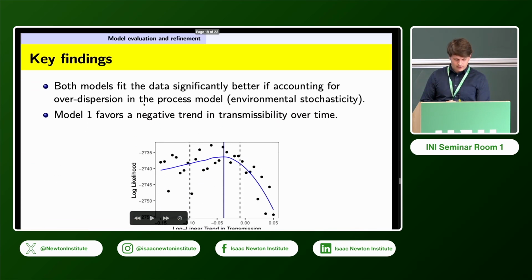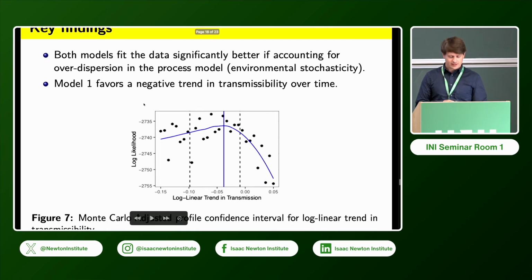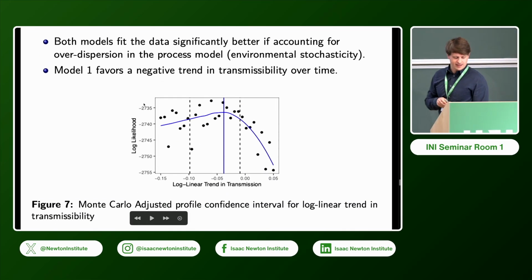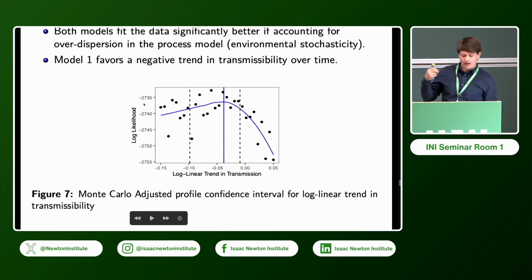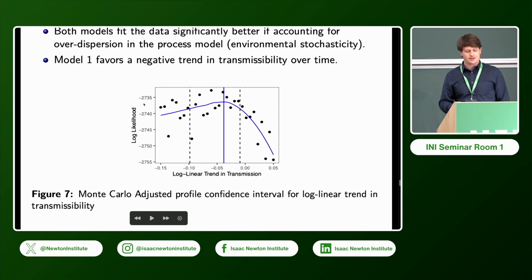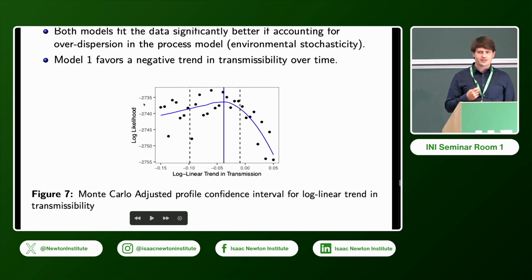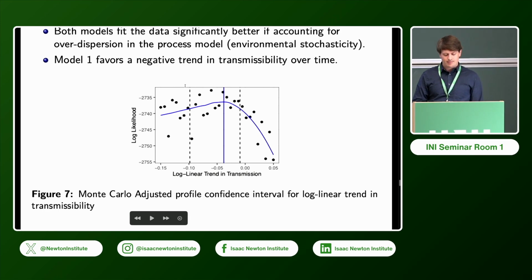So I'll wrap up here briefly because I know I've already gone over time. But some of the key findings, as I mentioned: both models perform significantly better if we account for overdispersion in the process model. And in model 1, another thing that we tried to test is a negative trend in transmissibility over time, and there are various explanations of why this might be the case.